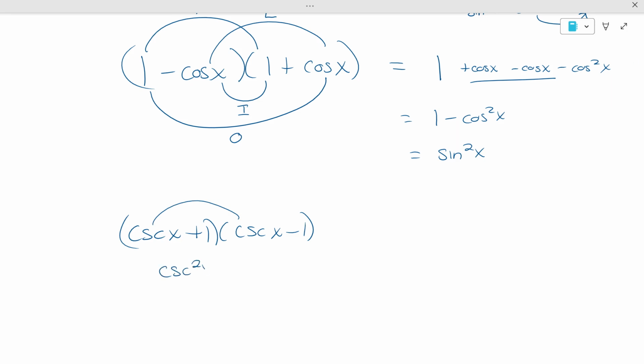Cosecant squared of x. Outers and inners are going to cancel. These are conjugate pairs. And conjugate pairs always have the outers and inners cancel. Last times last. Minus 1. Cosecant squared of x minus 1.